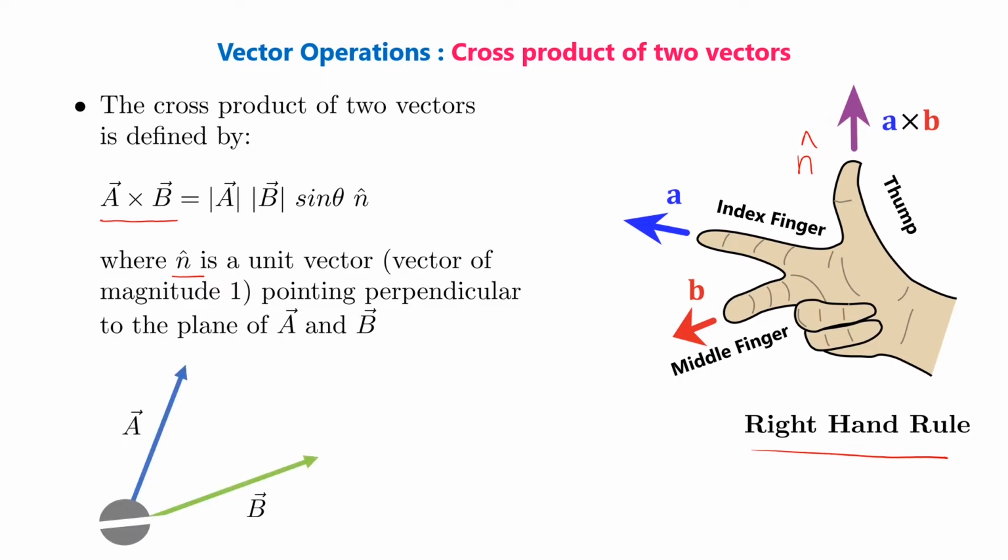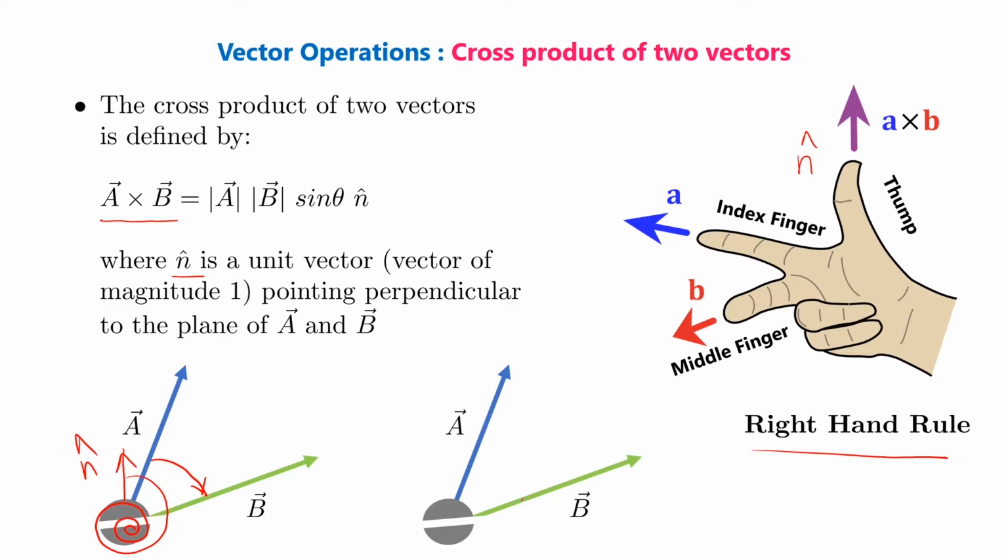Let us assume that we have placed a screw at the intersection of the two vectors, vector A and vector B. Now, if you rotate the screw in the clockwise direction, that is from vector A to vector B, then you can see that this screw will actually go inward, so the direction of n will be towards the inside of this screen.